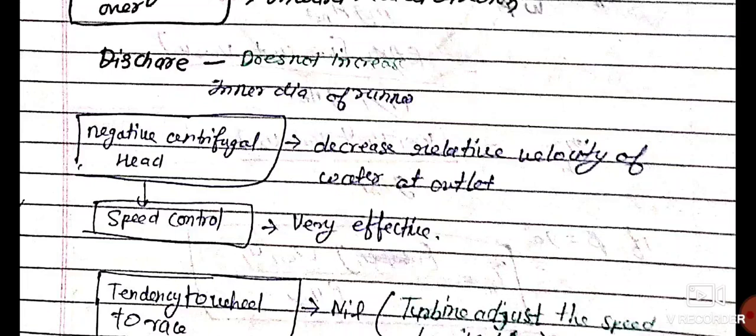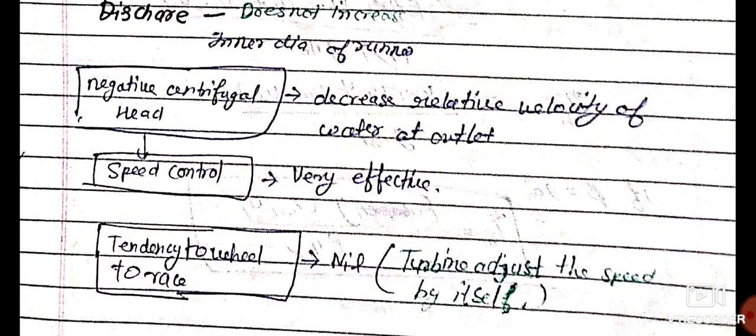Negative centrifugal head makes speed control very effective. Tendency of the wheel to race is nil. The turbine adjusts the speed by itself.